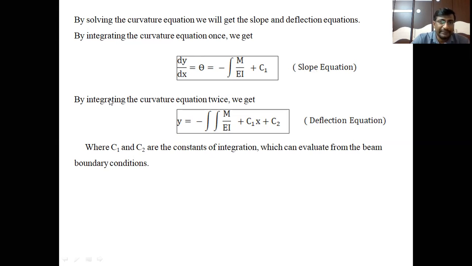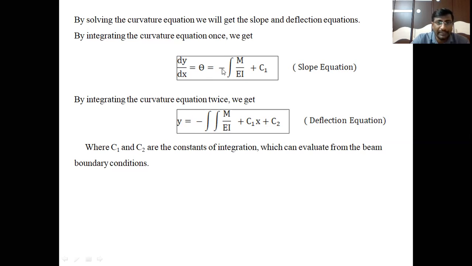Again, we integrate a second time, by integrating the curvature equation twice. When we integrate again, the integration of dy by dx is y. y is the deflection. dy by dx is the slope, which is represented as theta. So after integrating, the left-hand side dy by dx converts into y.